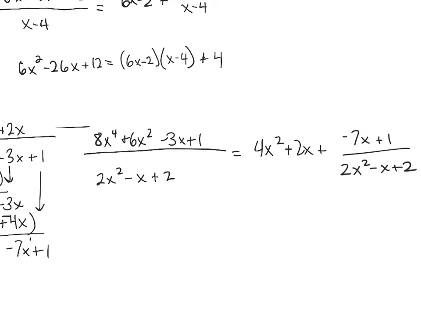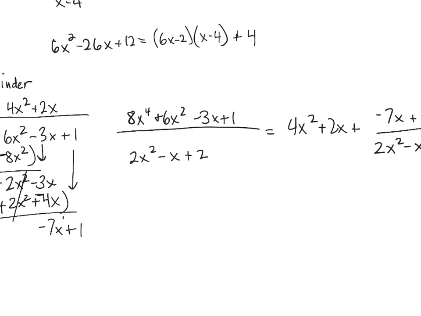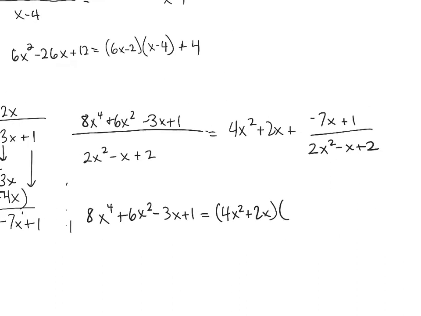That's one way of representing this. And remember, the other way would be dividend equals quotient multiplied by the divisor plus the remainder.